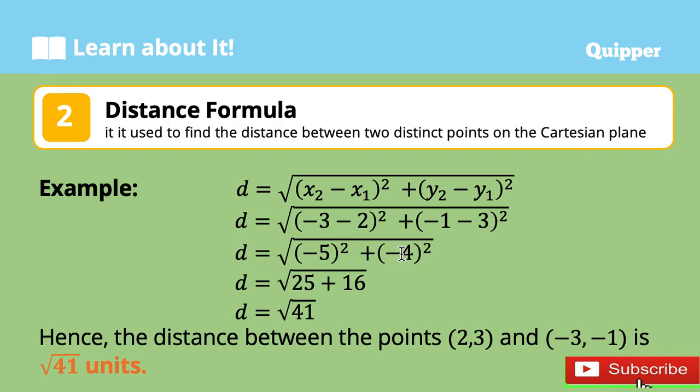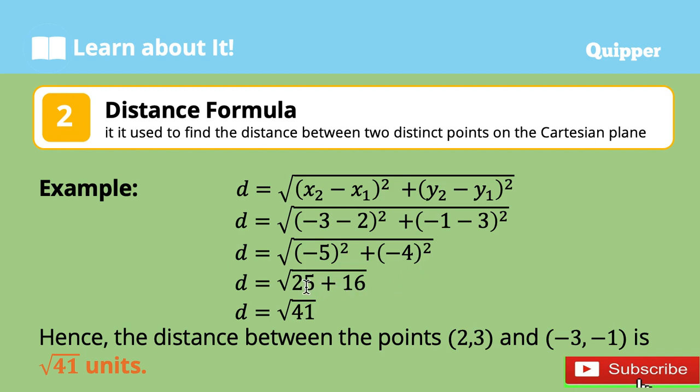Simplify again the exponent rather. Negative 5 squared, that is negative 5 times negative 5, we have positive 25. And for negative 4 squared, that is negative 4 times negative 4, so we have positive 16.